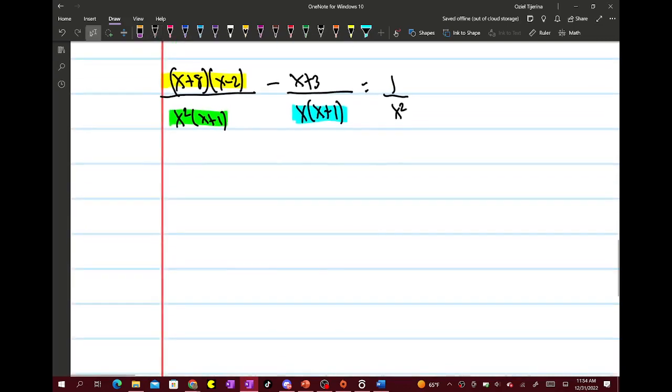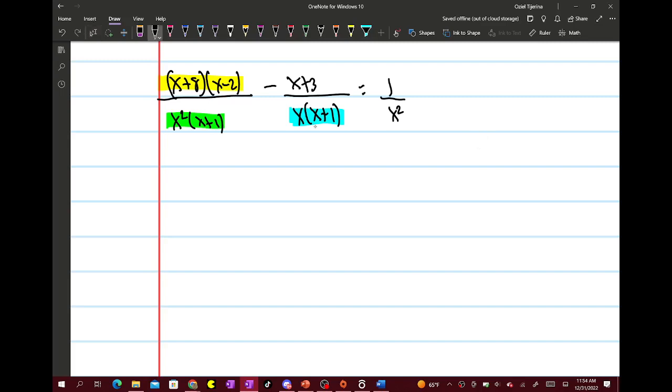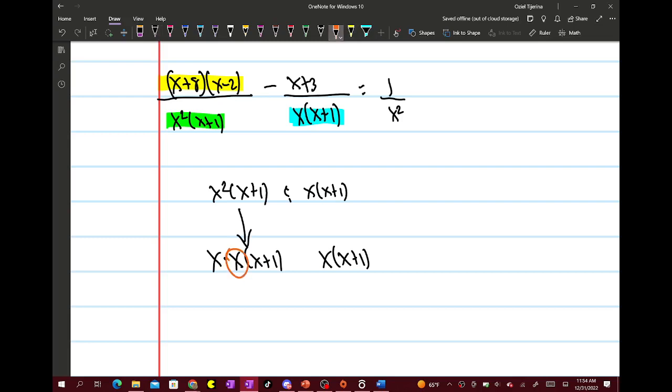Now we see that between x squared times x plus 1 and x times x plus 1, the first has one more x multiplied to it. So really what we have to do is just multiply an x on top and bottom of this one, to get it to equal the common denominator.